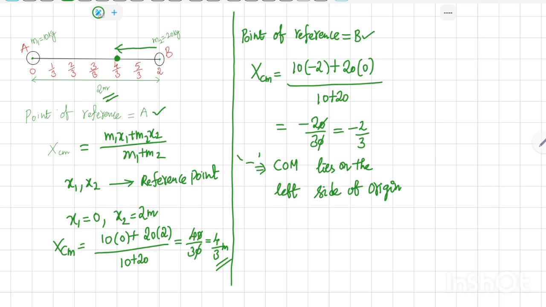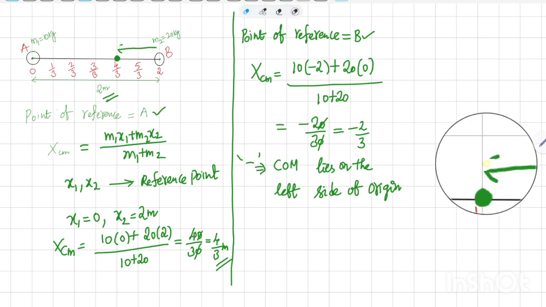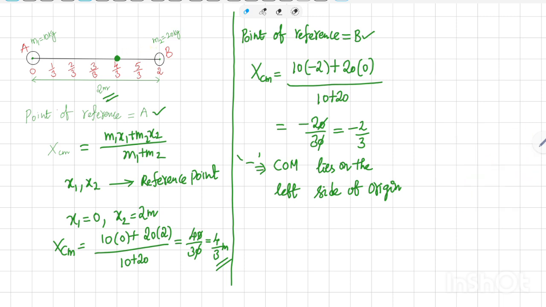Let me select one more reference point, which is exactly at the midway between two masses. Let me give the point a name.